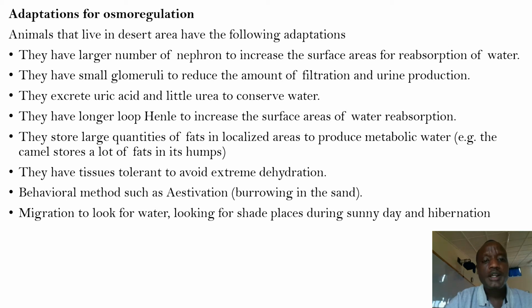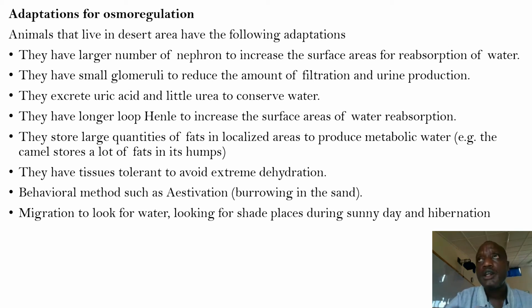They store large quantities of fats in localized areas to produce metabolic water. The camel stores a lot of fat in its hump. I like this. Remember, in homeostasis, we also discussed this point, the adaptations of camels to live in desert areas permanently.